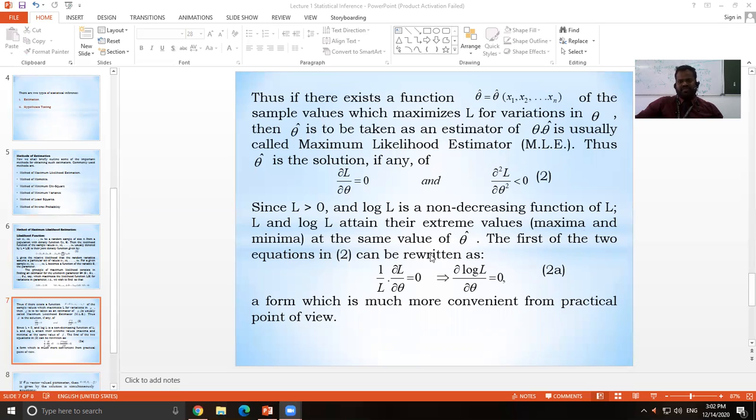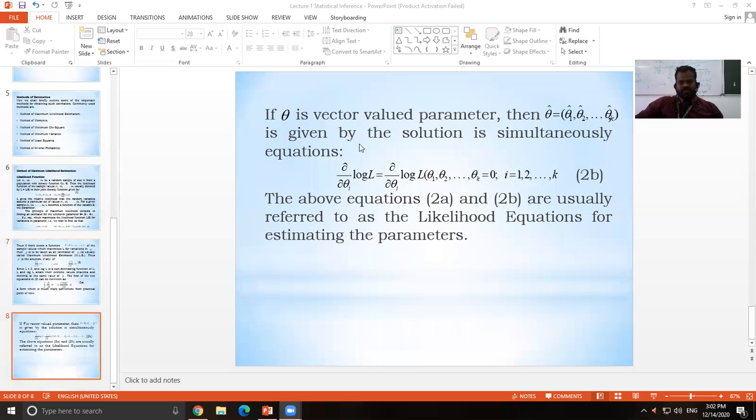The first of the two equations in 2 can be rewritten as 1 divided by L into dou log L by dou theta, the log likelihood function, equal to 0. That is, dou log L divided by dou theta equals 0, a form which is more convenient from a practical point of view.